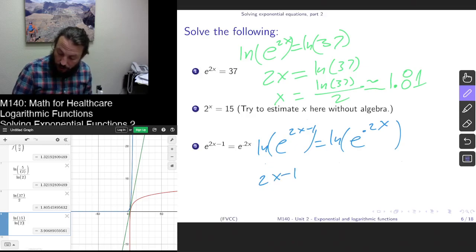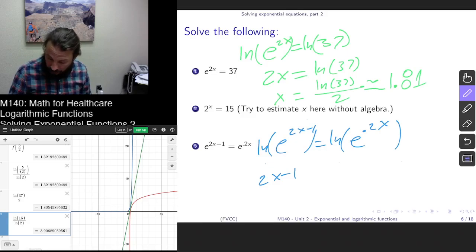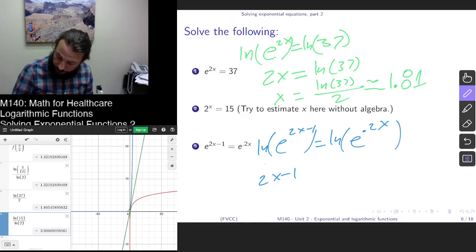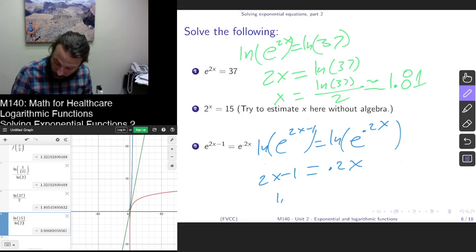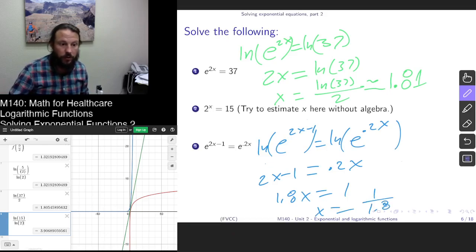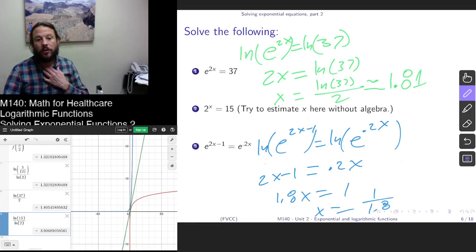So we get 2x minus 1. What do I raise e to, to get 2x minus 1? Well, it's 2x minus 1. Equal to, what do I raise e to, to get e to the 0.2x? Oh, 0.2x. Okay. And now we subtract 0.2x from both sides and add 1 to both sides. We get 1.8x equals 1, and x equals 1 over 1.8. I'll let you find what that number is, but it's got to be close to a half. It's probably like 0.4 something.